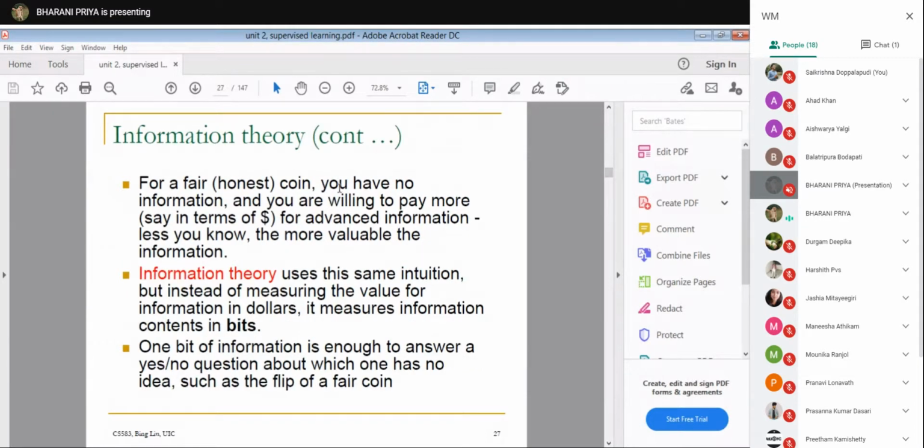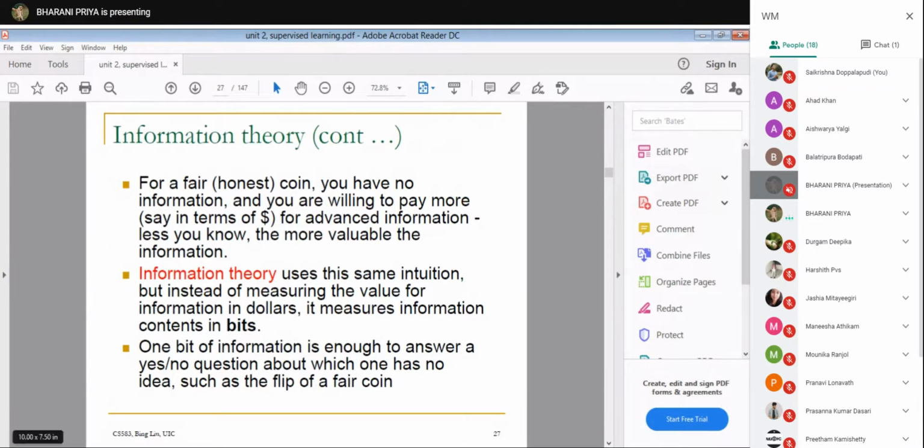Okay, similarly, information theory will also use the same intuition, but instead of rupees, the measure here is bits. It measures the information in bits. So information theory is based on probabilities. For a share, he'll estimate the probability and tell which share is better to invest in.